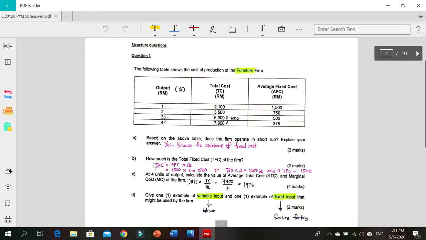Okay, so second question, how much is the total fixed cost of the firm? So you don't know, right? Why? Because here, you don't have when the output equals 0.